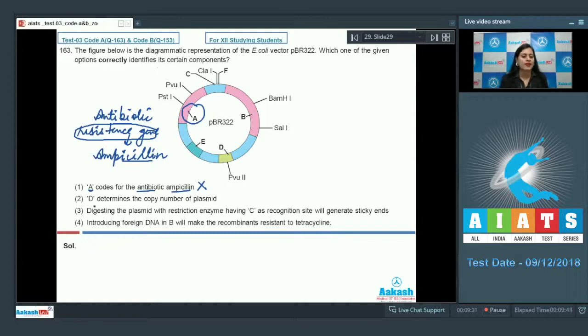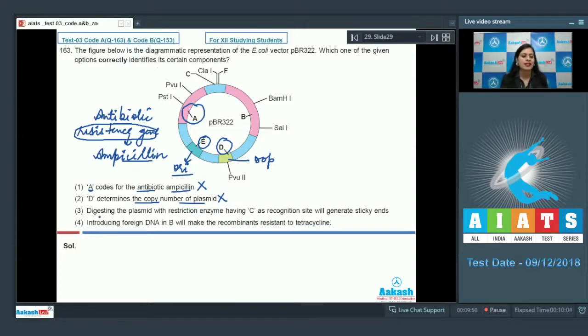Option number 2 is D determines the copy number of plasmid, and D, which is this, it codes for rop. And this is an incorrect option because it is this E which codes for ori, which determines the copy number of plasmid. So this is an incorrect option.